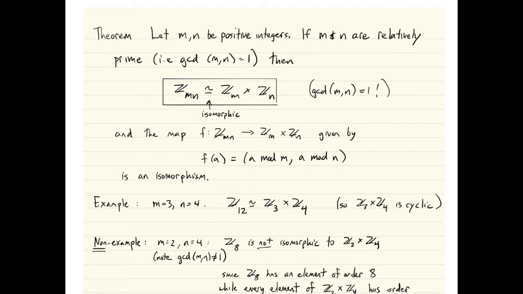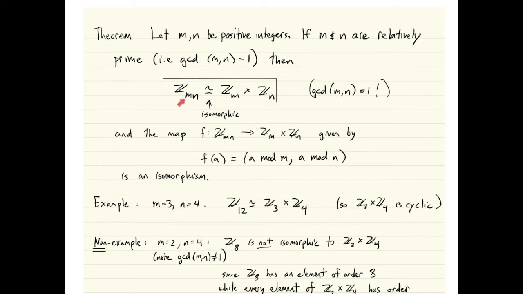And the map from Z mod mn to Z mod m times Z mod n that sends a number a in Z mod mn to (a mod m, a mod n) is an isomorphism.